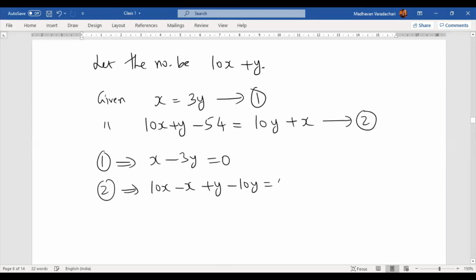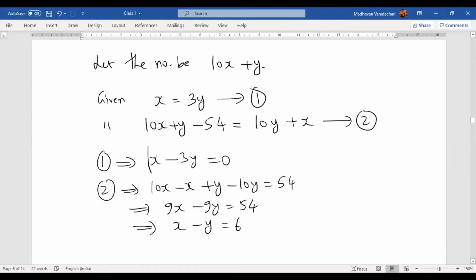Take this 54 to the right hand side. So this becomes 9x minus 9y equal to 54. Divide both sides by 9, you get x minus y equal to 6, since 9 sixes are 54. This is our revised second equation.